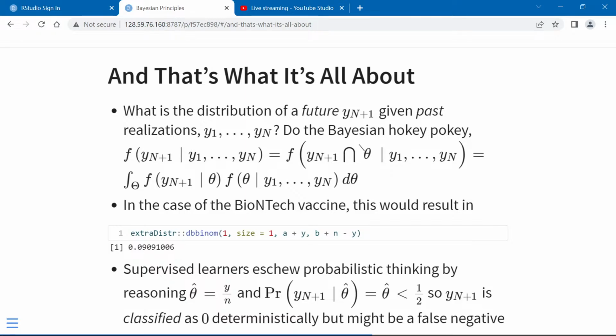Now, a rationalization for doing what supervised learning people do is to say, well, these things are intended for situations in which you have big data. In which case, if you have big data and a very simple model, then there would be negligible uncertainty about what theta is, even if you were to do a fully Bayesian thing.